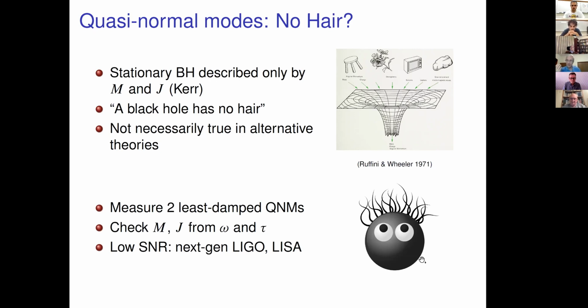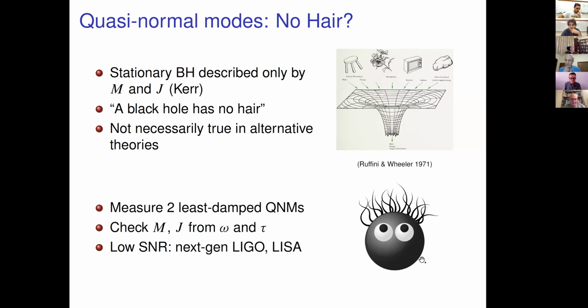You then have four numbers that you've measured, because you have a frequency and a damping time from two modes. If the solution is a perturbed Kerr metric, then those four numbers should be consistent with a single value for mass and spin. That's the idea behind testing the No-Hair Theorem.